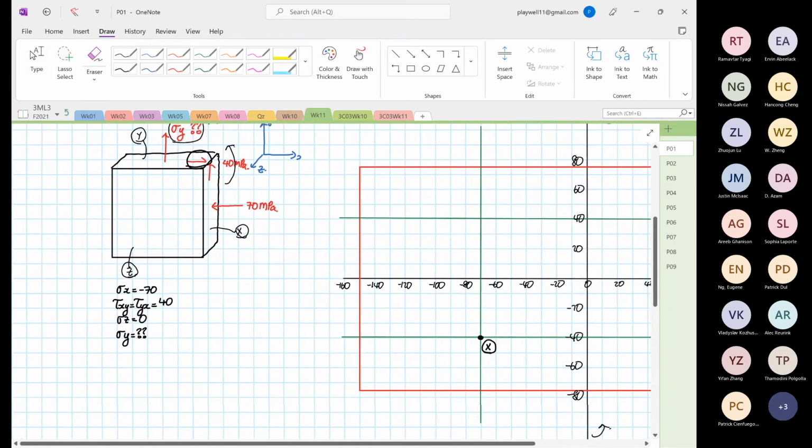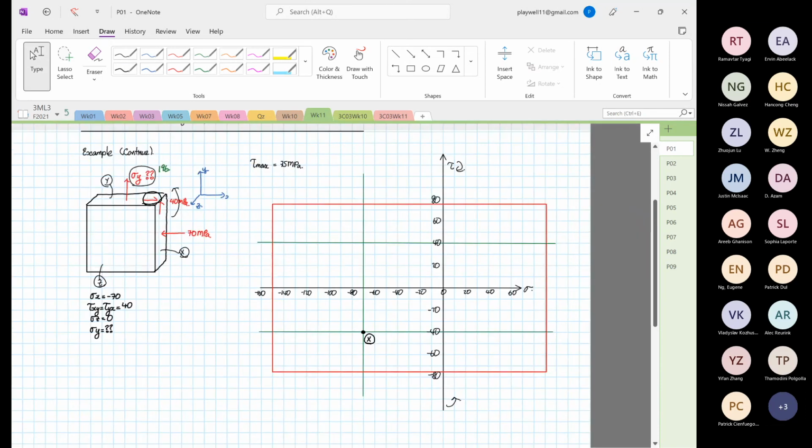So that's our point X. We also know where point Z is. We are aware that point Z is over here. So what we are going to do now is state that one of the points is at the stress minimum. So one of the points is on the stress minimum.